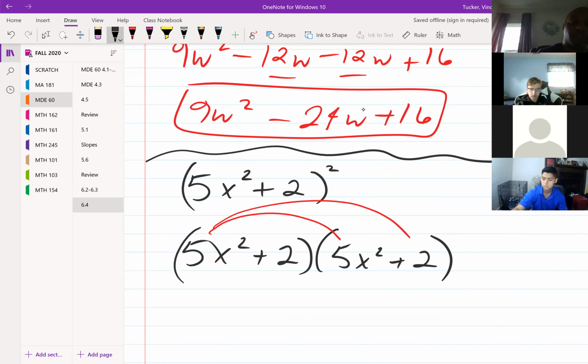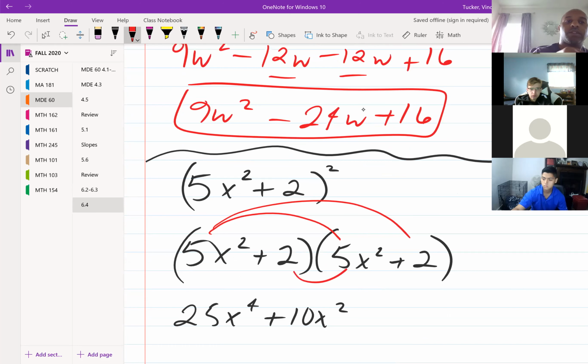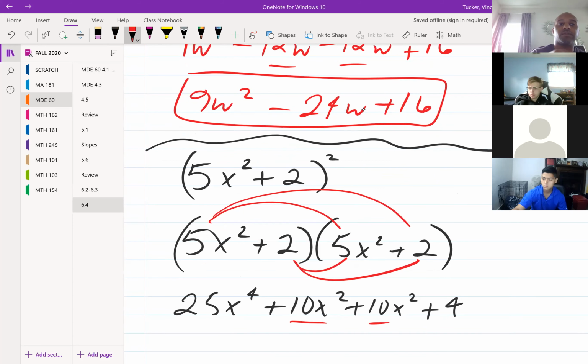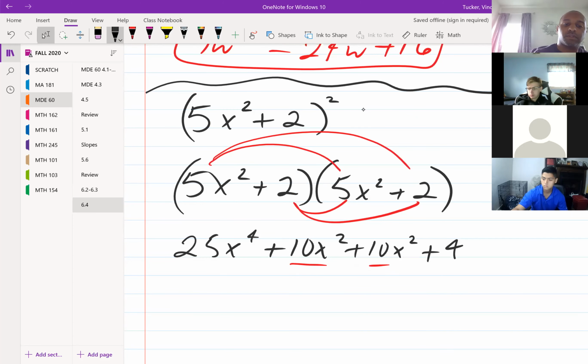And then distribute the 2: 10x squared plus 4. Combine your like terms in the middle. 25x to the 4th plus 20x squared plus 4 will be your final answer.